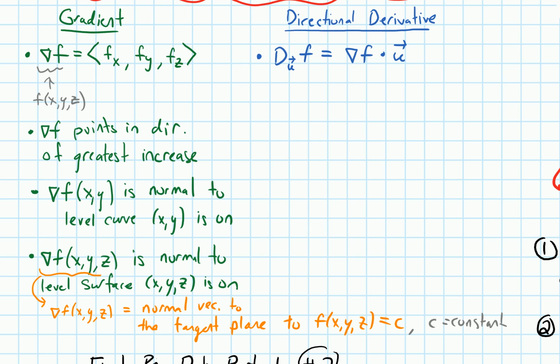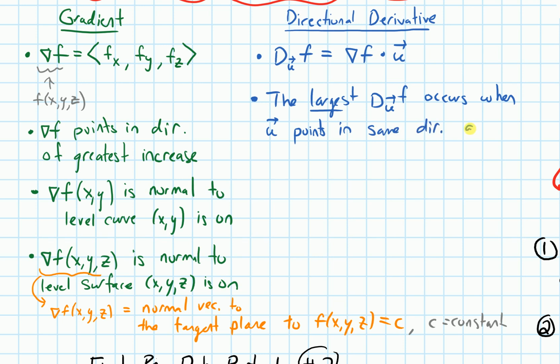All right, so those are some properties of the gradient. Let's write down some properties of the directional derivative. Okay, so the first one is that the largest directional derivative occurs when the direction vector u points in the same direction as the gradient.